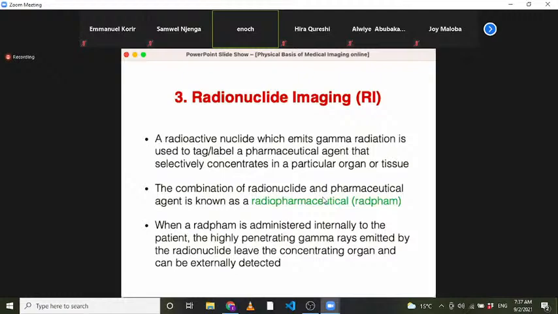So in radionuclide imaging, we say it is a form of emission imaging because the radionuclide is introduced into the subject and the subject becomes the source of the energy. Okay, so we say it is emission.